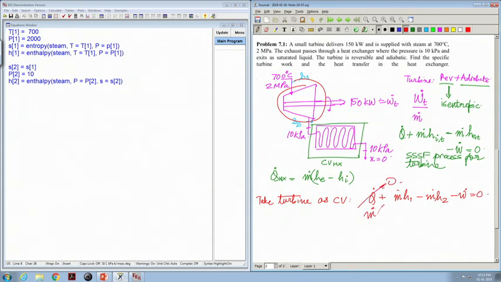So, m dot (H1 minus H2) is equal to W dot. Let me divide everything by m dot. So, H1 minus H2 is equal to W dot turbine divided by m dot, which is nothing but the specific work output of the turbine.